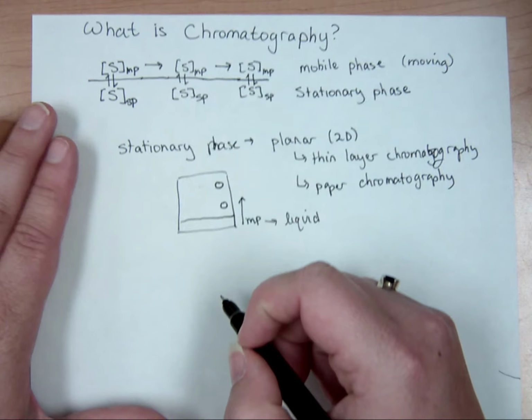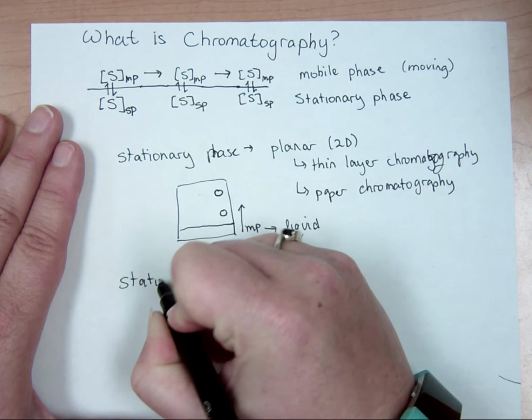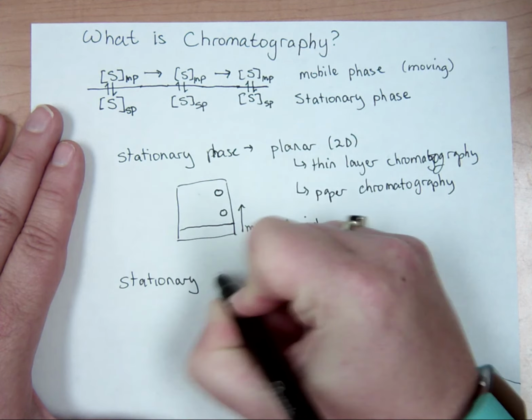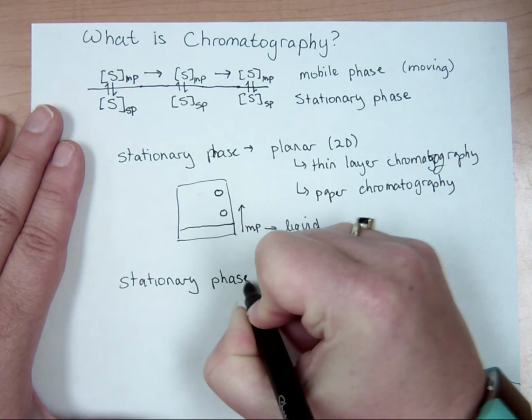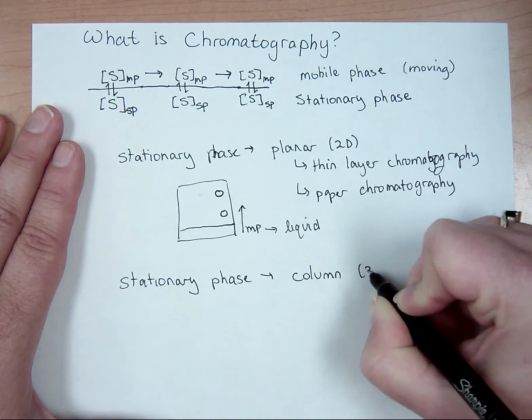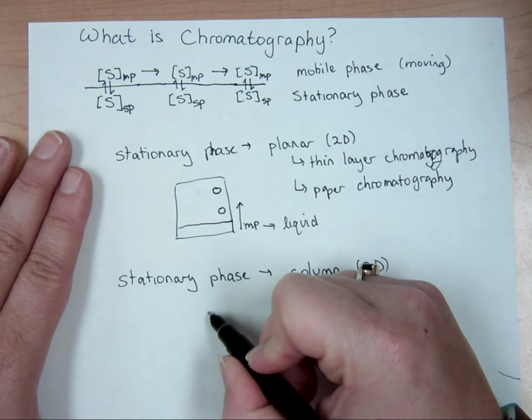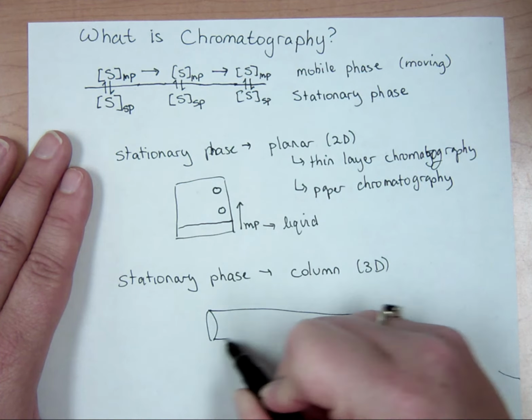So we can have the stationary phase be a column. We kind of have a three-dimensional space. So what this column is, it's just an open tube.